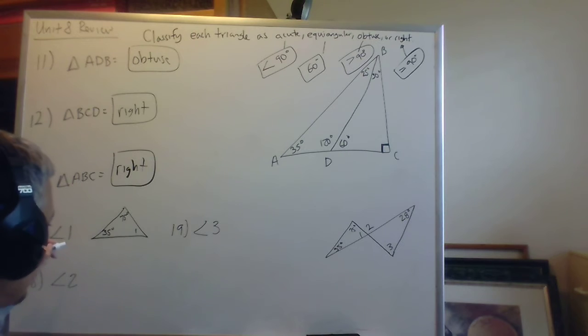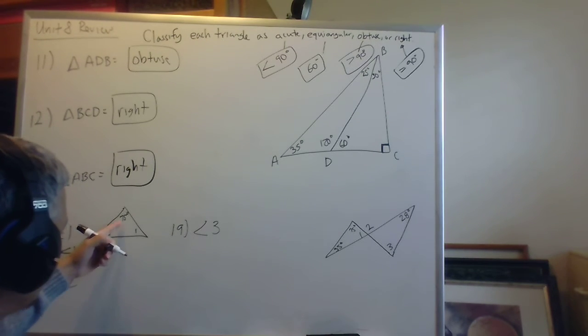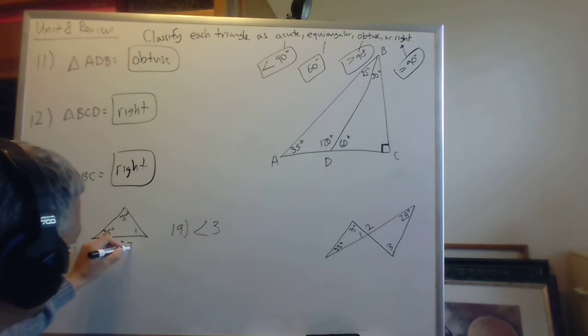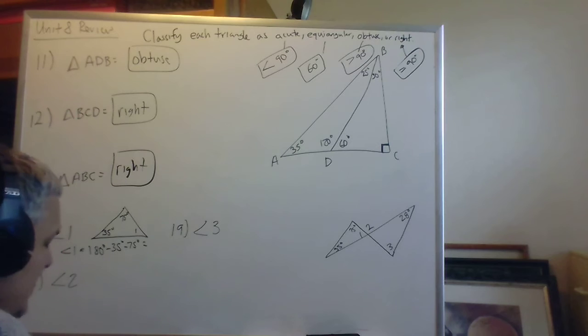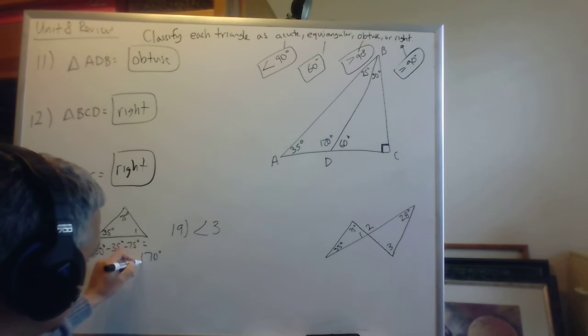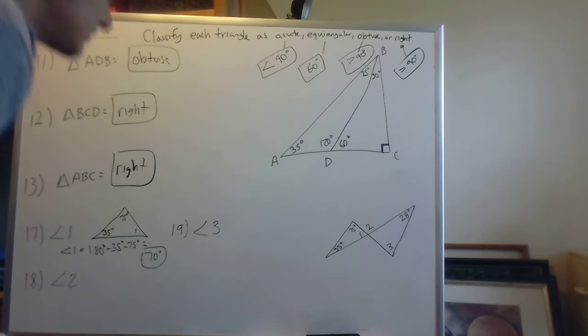So angle 1 is going to equal 180 degrees minus these two angles. We subtract 35 degrees and 75 degrees. That's 180 minus 35 minus 75, which equals 70. So angle 1 equals 70 degrees.